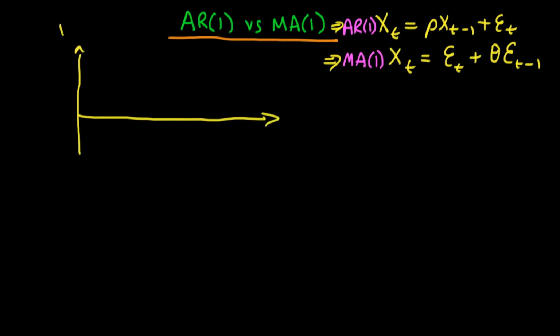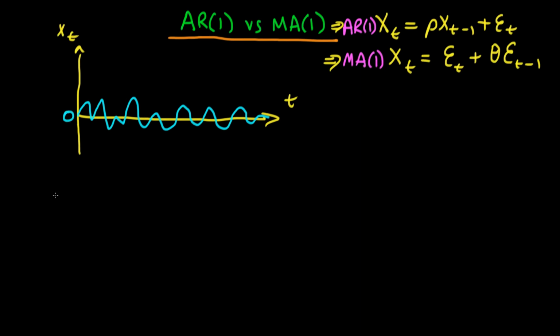So if we take a plot of our series xt across time, then for it to be either of these processes, we have to have that it has a constant mean, which is 0. So for both of these processes, we have to have a process which looks something like this, where this value here is 0.